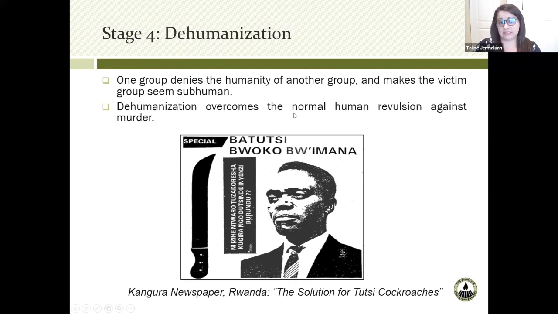Dehumanization. This is a big one. Now we're in that middle portion of the 10 stages, 4, 5, 6. Dehumanization.